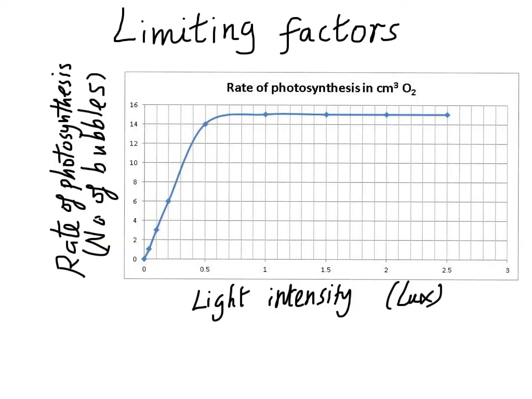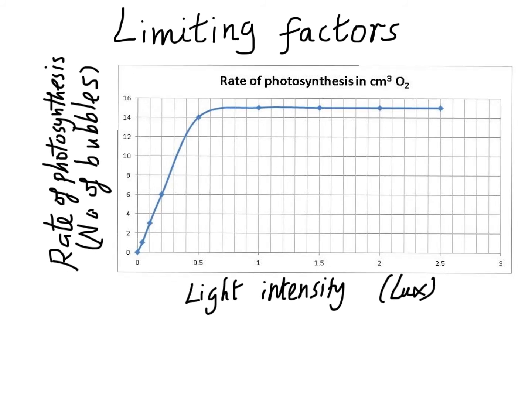So following on from the experiment that we've just described, we have the rate of photosynthesis measured by the number of bubbles produced. The independent variable is the light intensity, and the dependent variable is the rate of photosynthesis measured by the number of bubbles. So let's make sense of what the limiting factors are in this case.